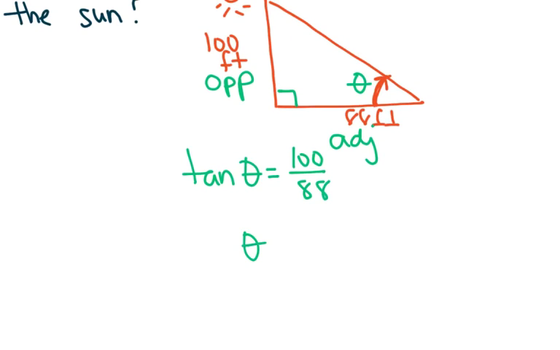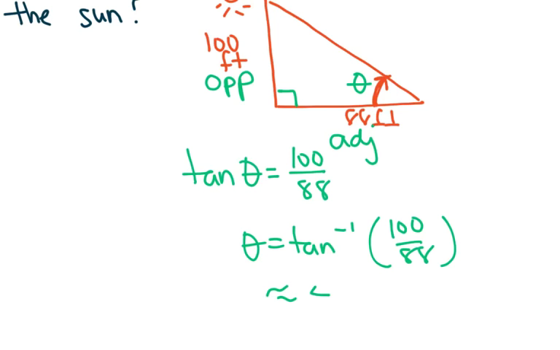So we're going to do inverse tangent of 100 over 88. And we're going to find out the angle is approximately 48.7 degrees. Don't forget to make sure that your calculator is in degree mode and not in radian mode. If you're in radian mode, you'll probably get some very strange looking answers.